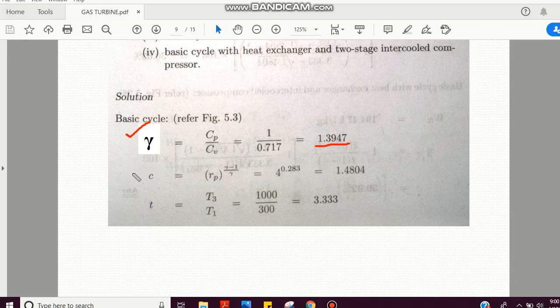The value of small c is the pressure ratio Rp to the power gamma minus 1 by gamma, so that becomes 1.48. Small t is the ratio of maximum temperature to minimum temperature, that is 1000 by 300, so that becomes 3.333.